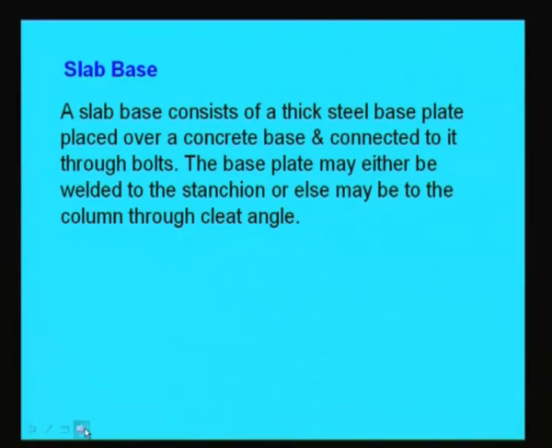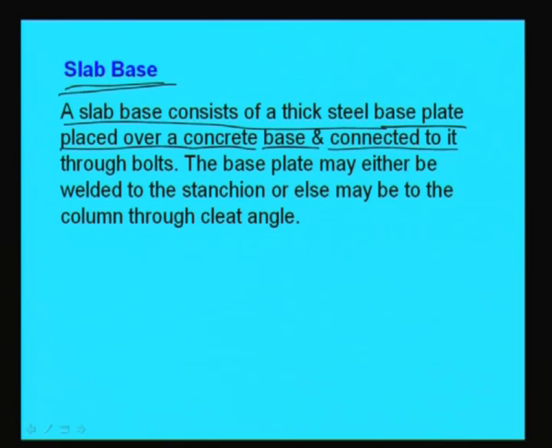Now, first let us discuss the slab base, which is the simplest way to transfer the load from superstructure to substructure, from the upper part to the lower part, meaning finally to the soil. A slab base consists of a thick steel base plate placed over a concrete base and connected to it through bolts.